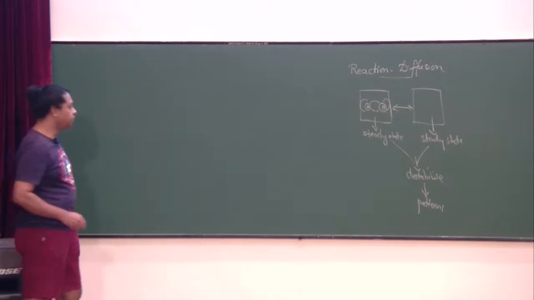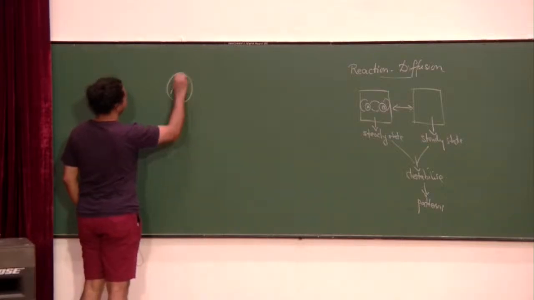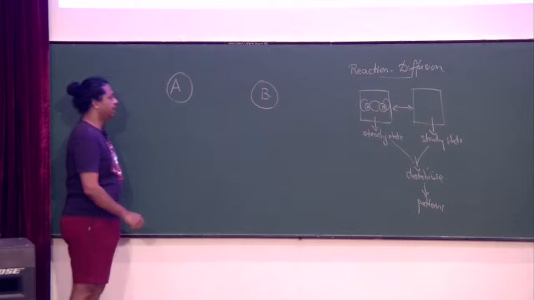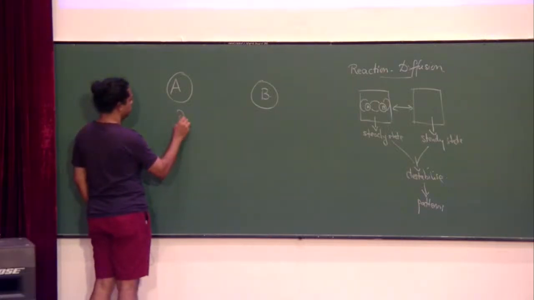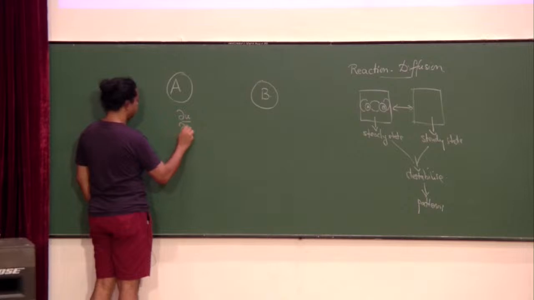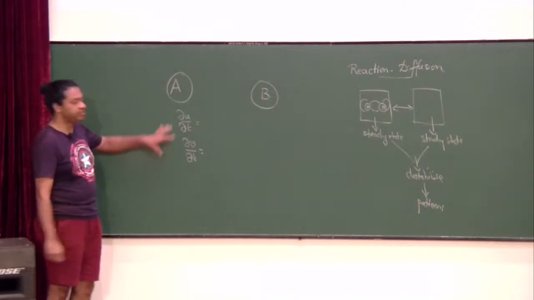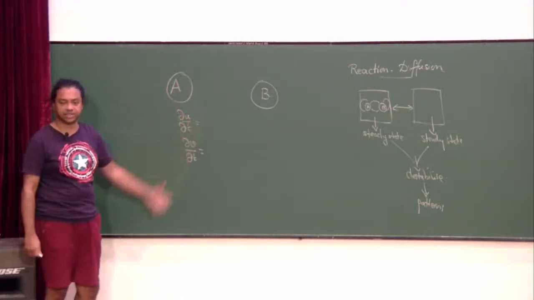So what I'll do, therefore, is we'll consider these two species, A and B. And let's say the concentrations of these are U and V, and they evolve in time, so del U del T, and del V del T. So these concentrations change in time inside a single cell because of the chemical reactions that are taking place.